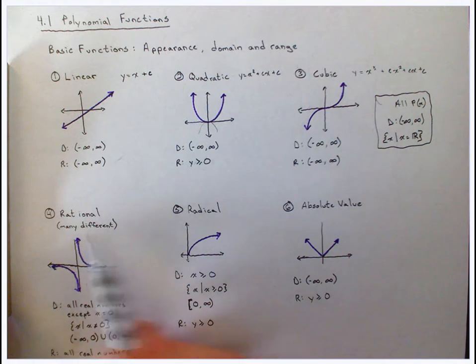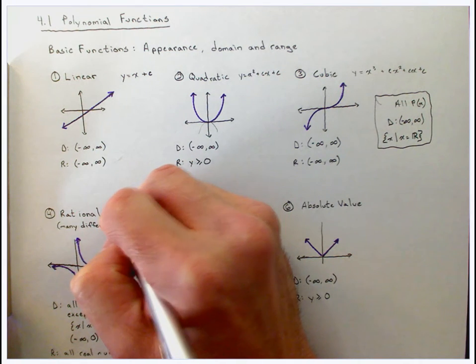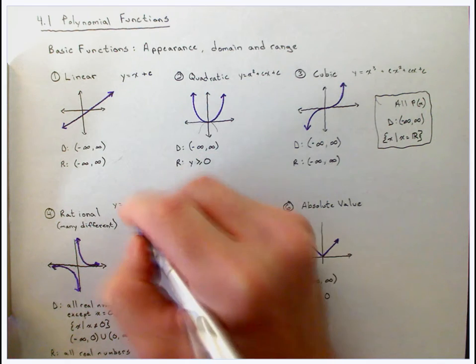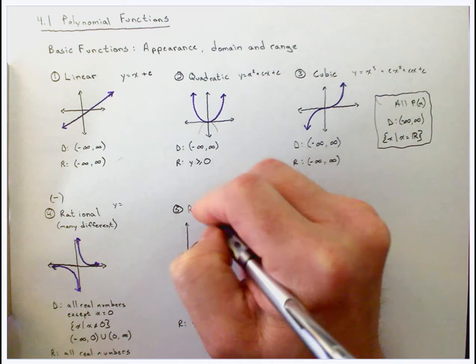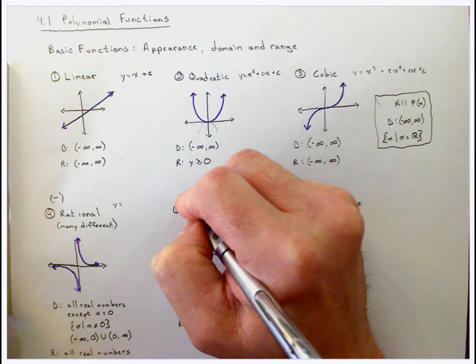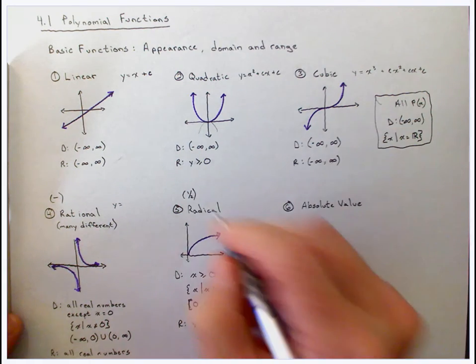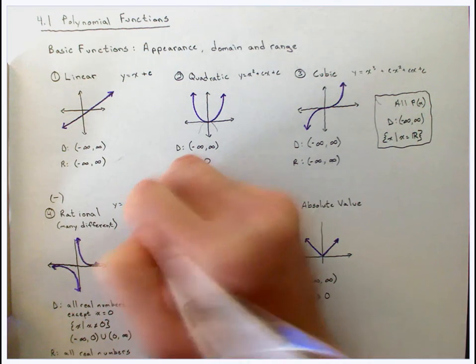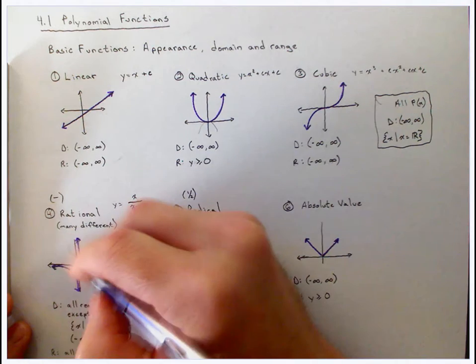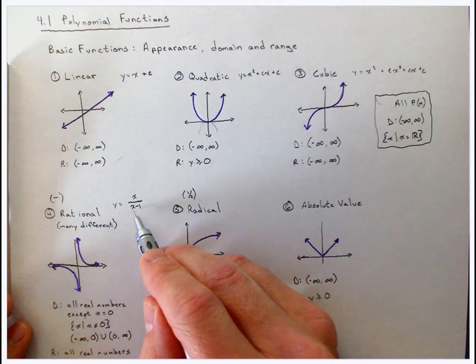Well, what we have with rational and radical is where we ended up with exponents that were negative for your rational, and for your radical, your square roots, you had exponents that were fractions. So this is something simple like this, x over x minus 1. And what you have here is more or less two graphs, but there's going to be a point that's not included if the denominator goes to 0.